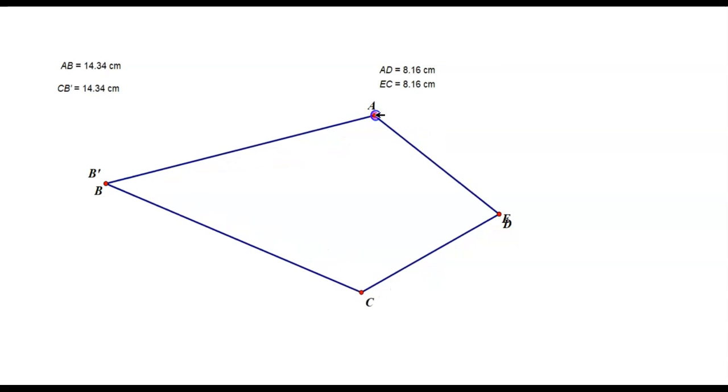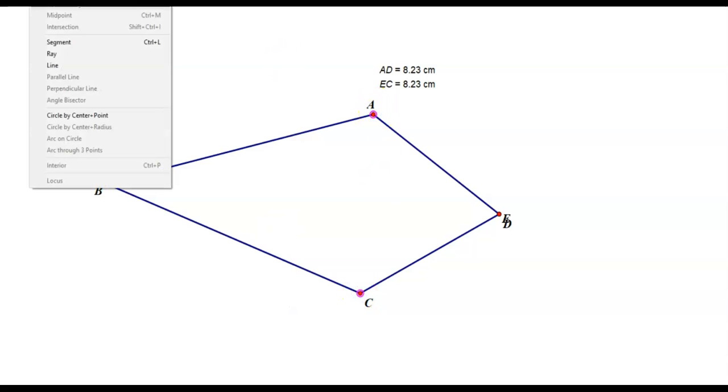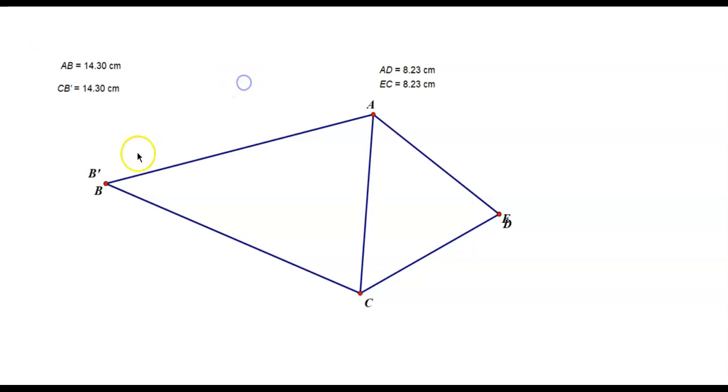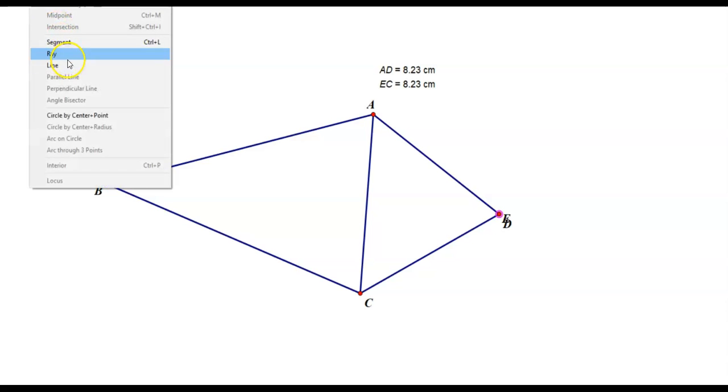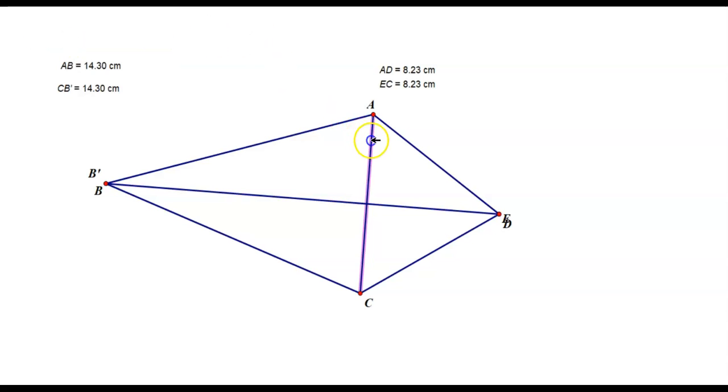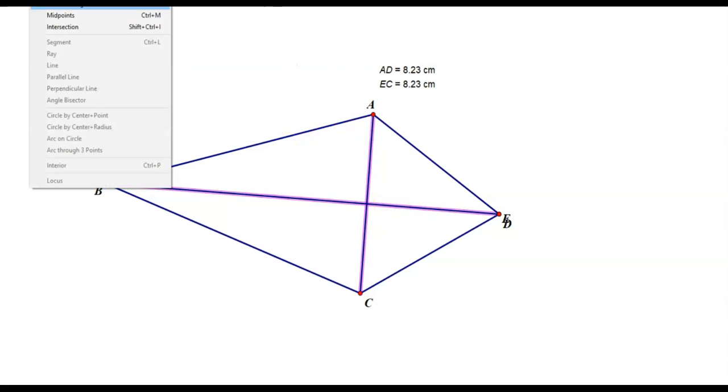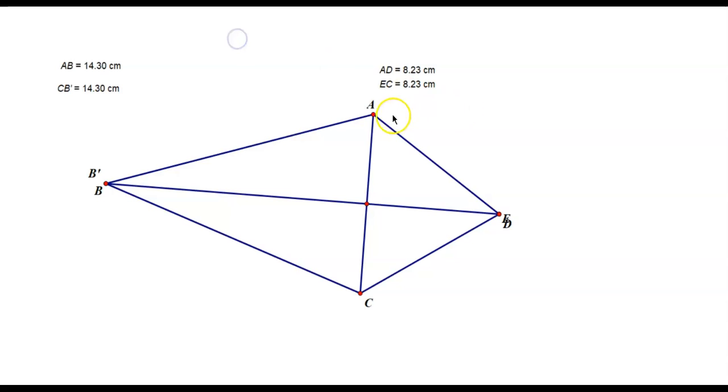Now let's look at some of the other properties. One of the other things we said was that in a kite, the diagonals are perpendicular, just like in a rhombus. So construct a segment, and let's check these two out. I need to get the point where they intersect, and then I'm going to measure that angle.